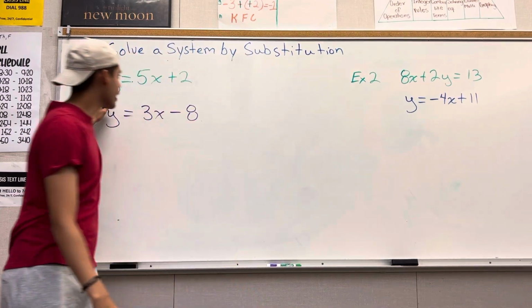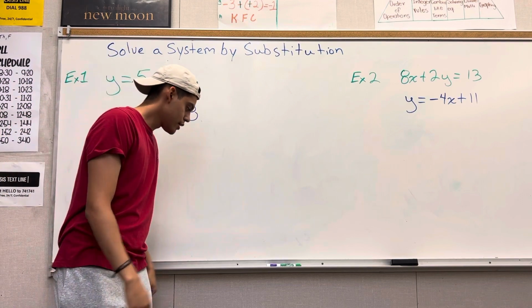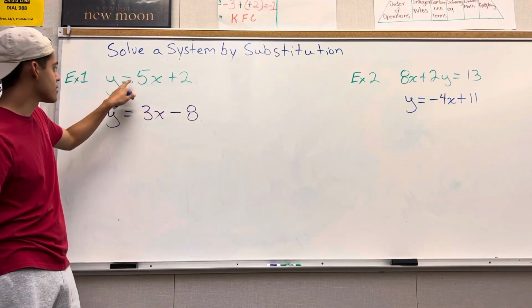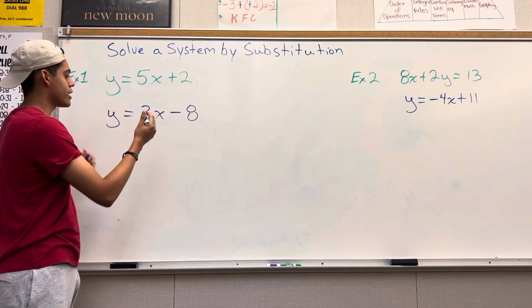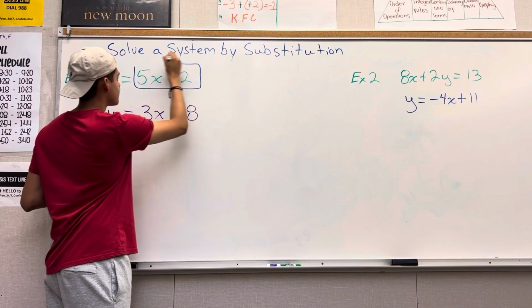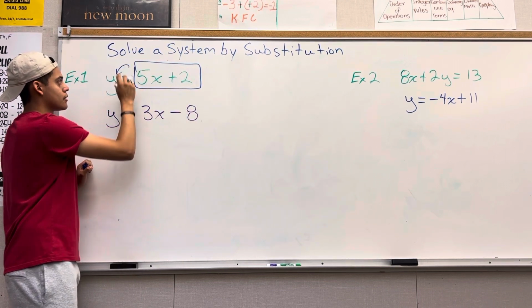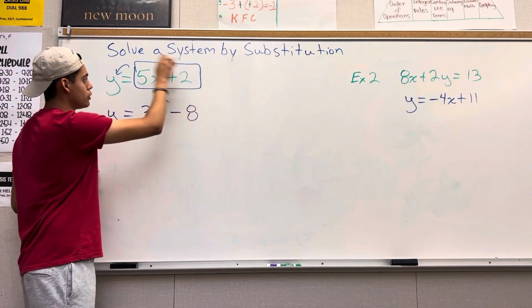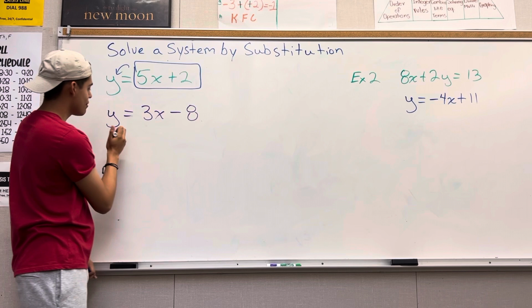So we see y equals 5x plus 2 and y equals 3x minus 8. We have these two equations, and we see that they both have y equals. Think of this right here, this entire thing, 5x plus 2, that is what y is. Y is this entire blue box, because you have y equals this entire blue box, and you have this y right here.